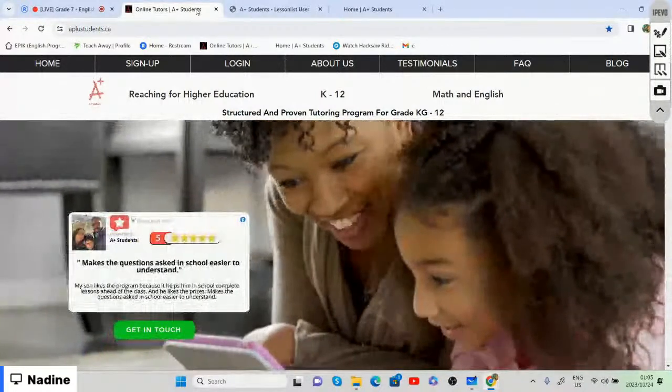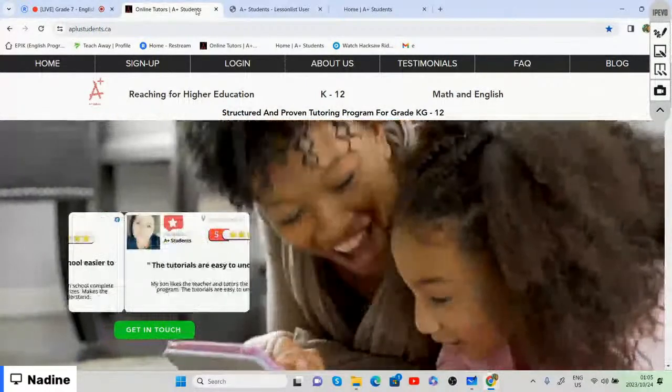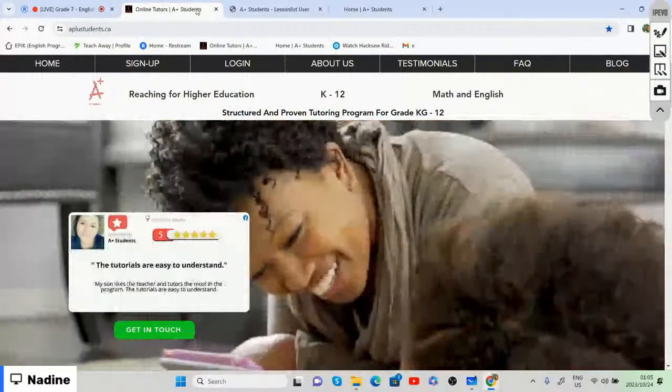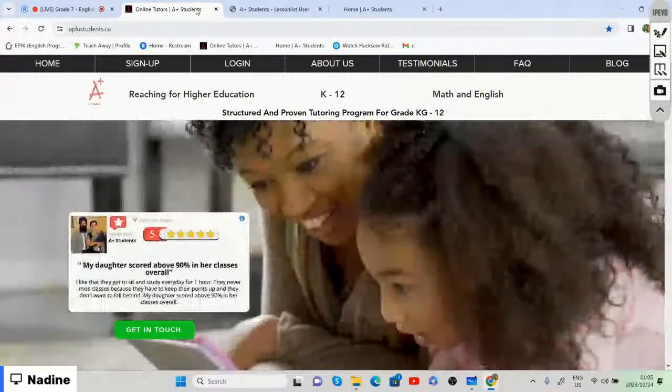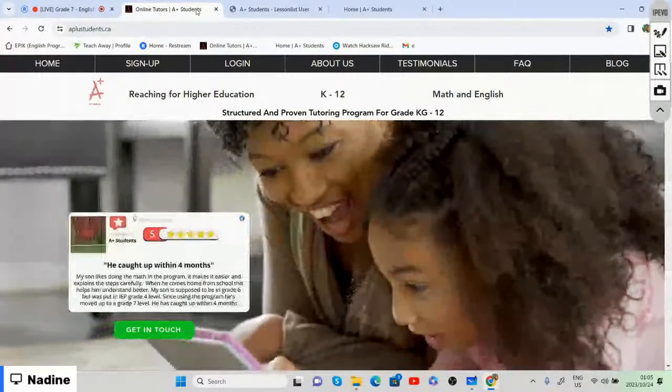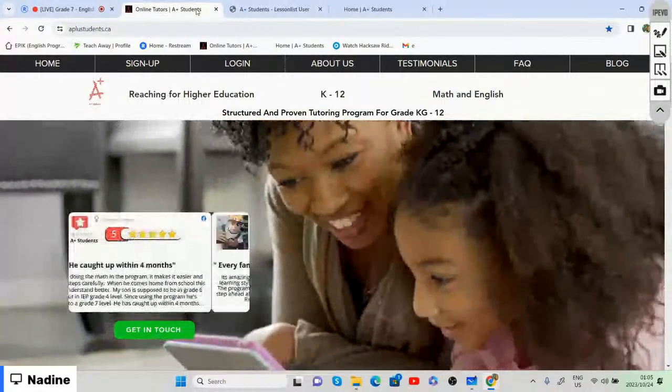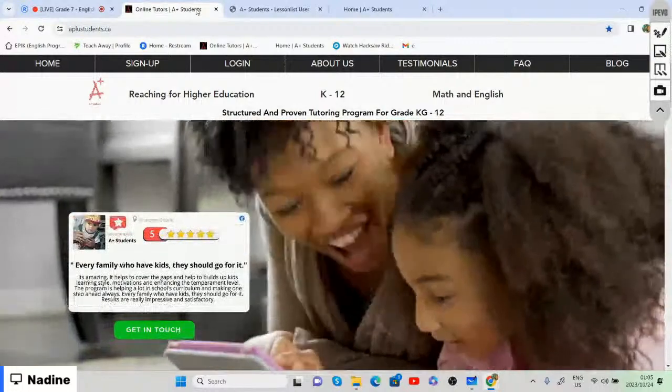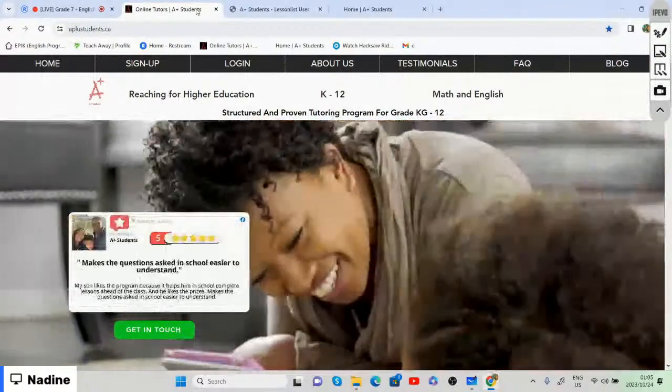Once you've logged into aplusstudents.ca with your username as well as your password, you're going to select the subject of language arts, which is English.